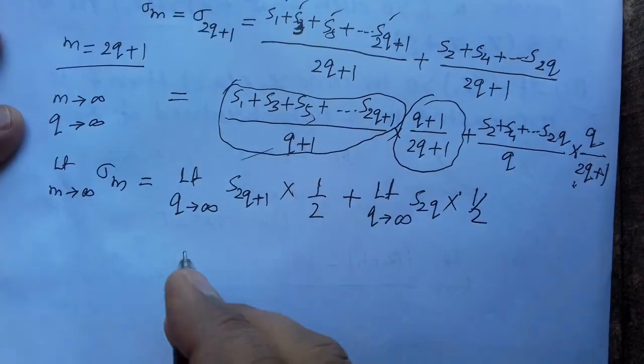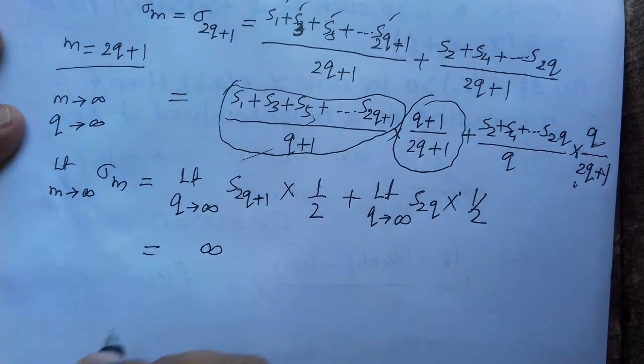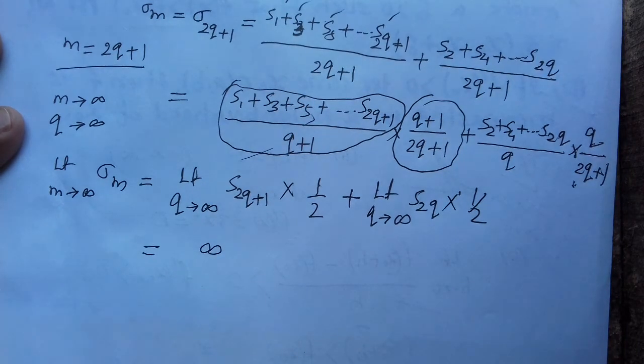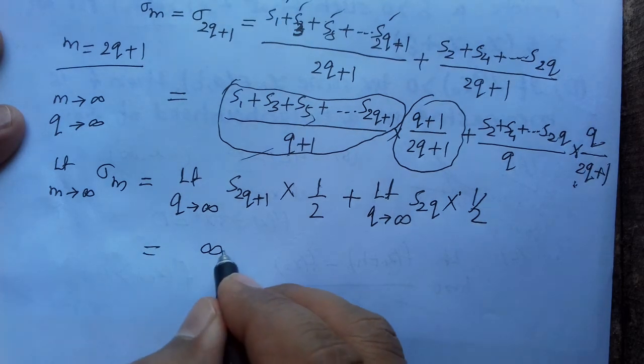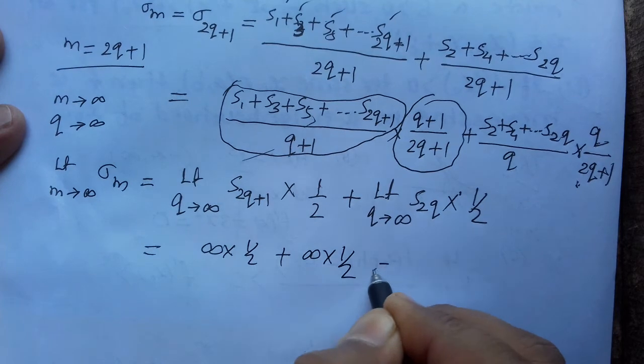This time you see that this will be infinity, because I have already shown that whether it be even or odd, in both cases Sn tends to infinity. So infinity into half plus infinity into half is infinity.